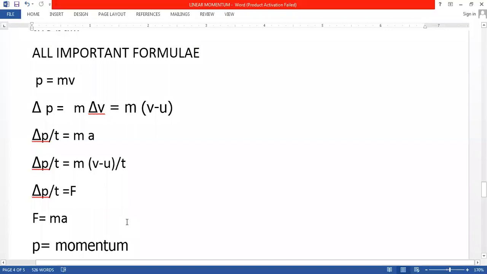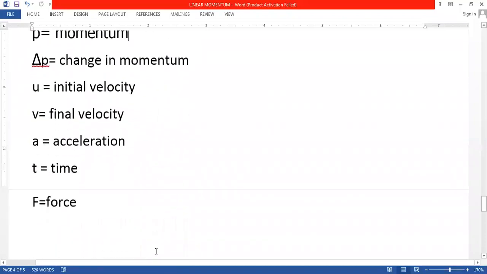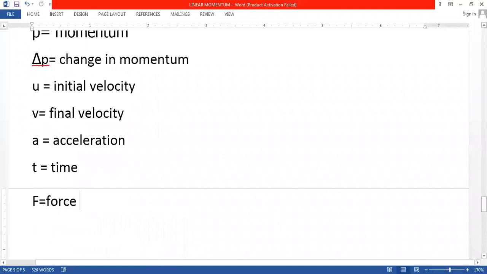Copy it? Yes, sir. Okay. So now what we will do, beta, we will start solving the numericals based on these formulas. Write down the first numerical now.